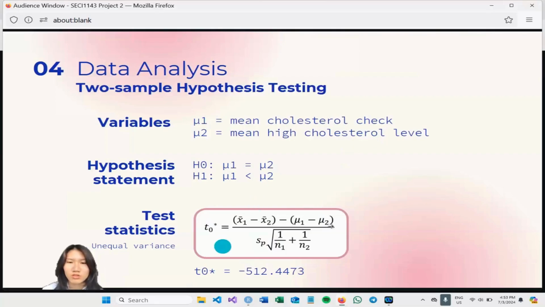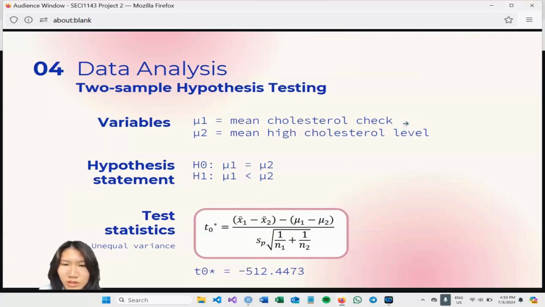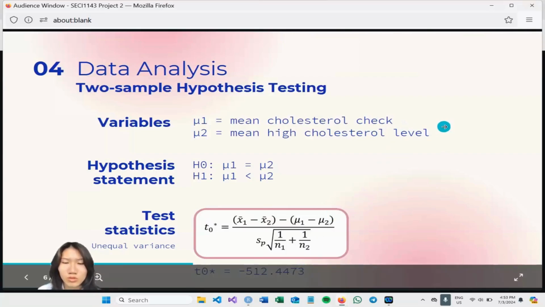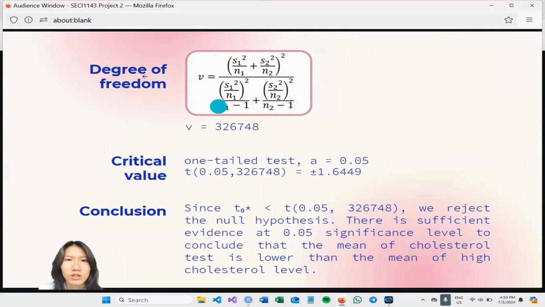This is the formula to calculate the test statistic, or we can just use programming to obtain this value here. So the t-test value is negative 512 point something. And next we have the degree of freedom.